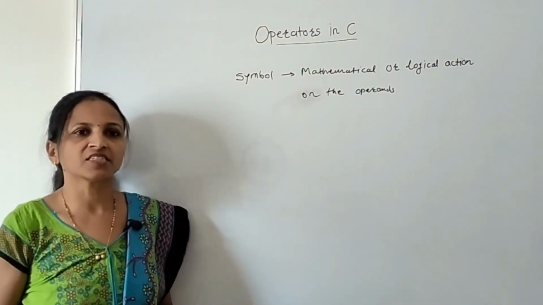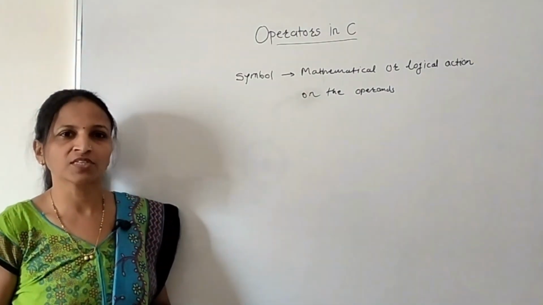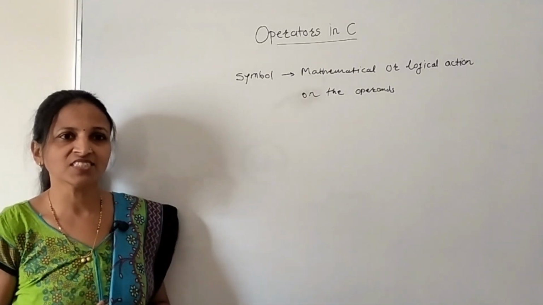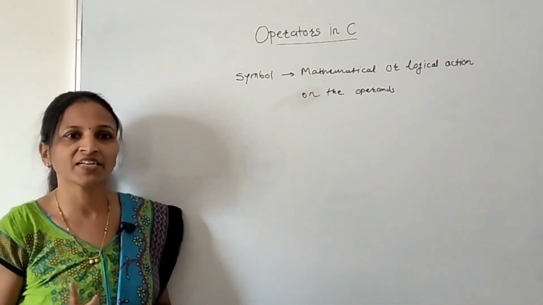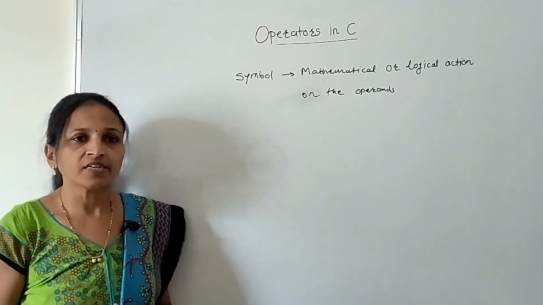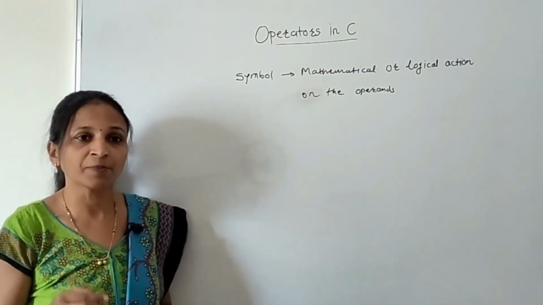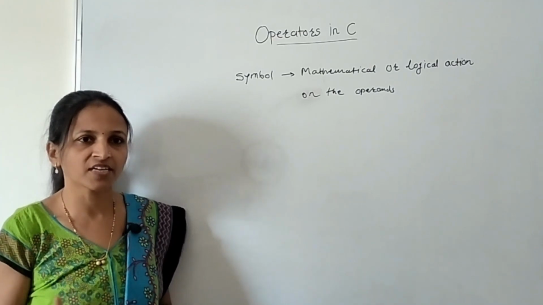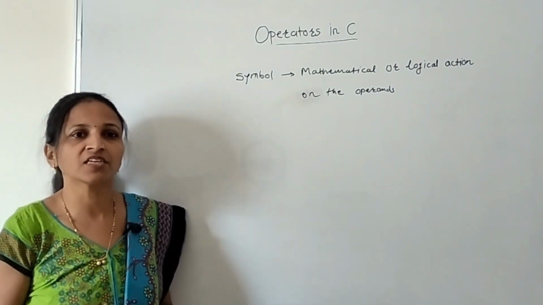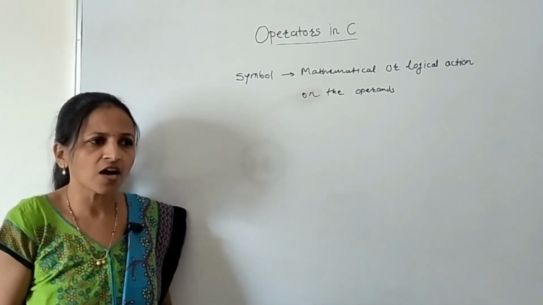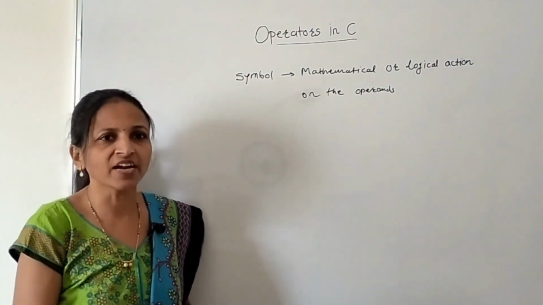In mathematics, we are doing addition, we are doing subtraction. These are nothing but mathematical actions. That type of operators are present in C language also, means plus, minus. These are nothing but the operators that are operating on operands.